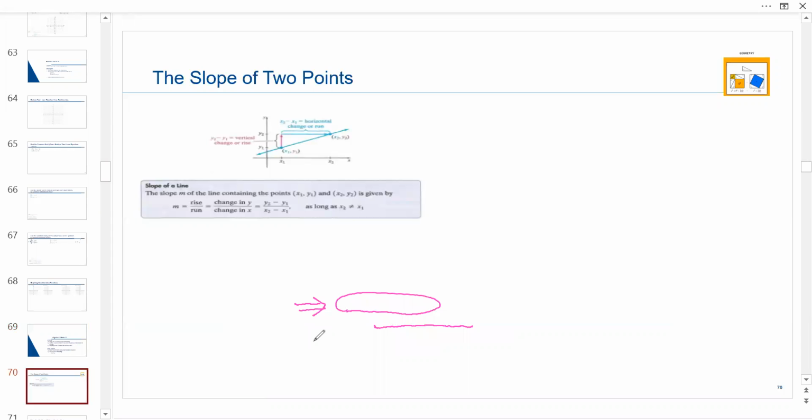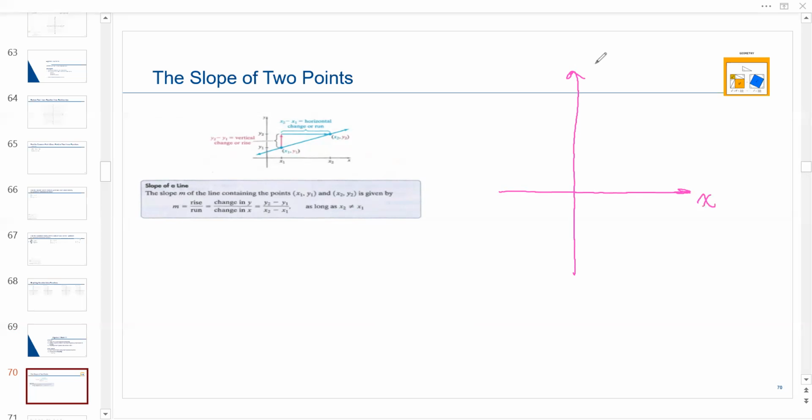Before I move to the examples, I got one question from a student. Earlier we talked about the distance between two dots. Let's say in the x y coordinate system you have one dot here, x1 y1, and another dot here, x2 y2.